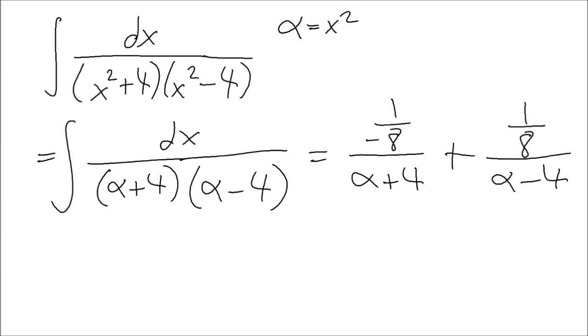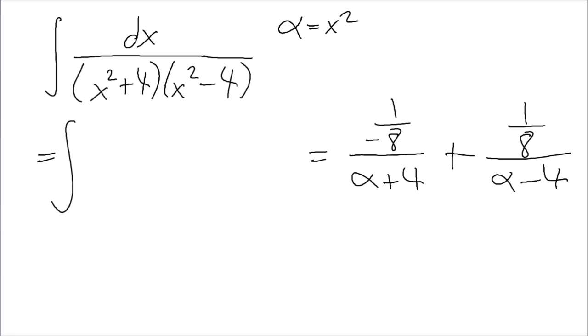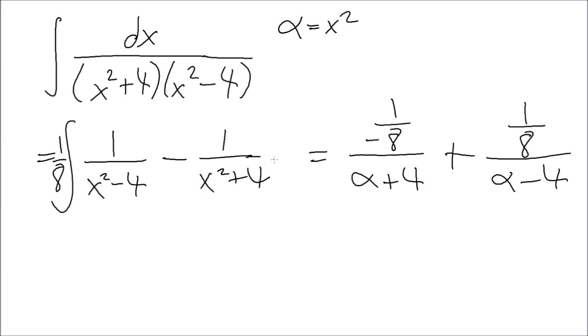Oh my god, would you look at that? So much faster, right? So now I can just factor out the 1/8 here, right? And now what you have is x squared minus 4 here, and then minus x squared plus 4 here.